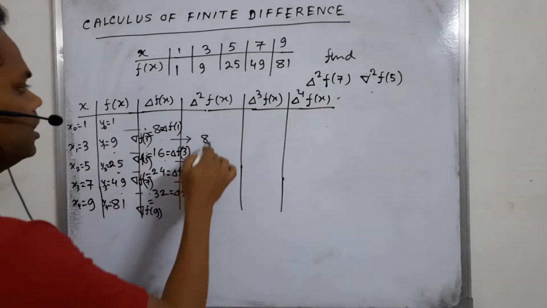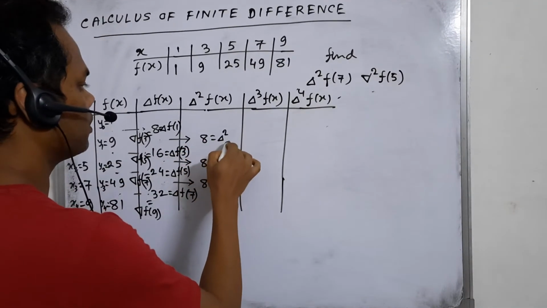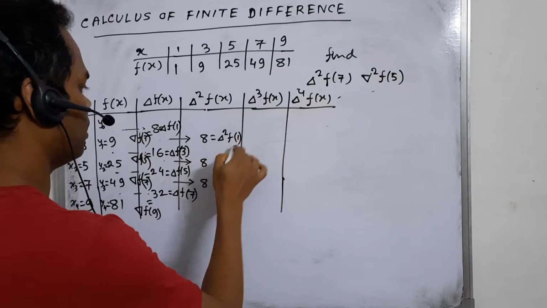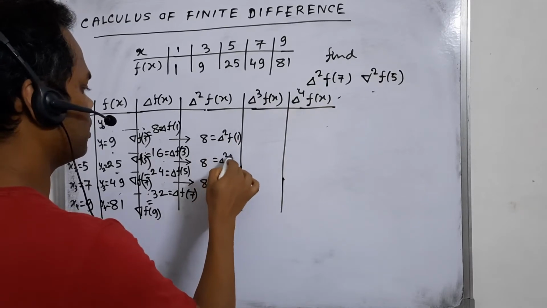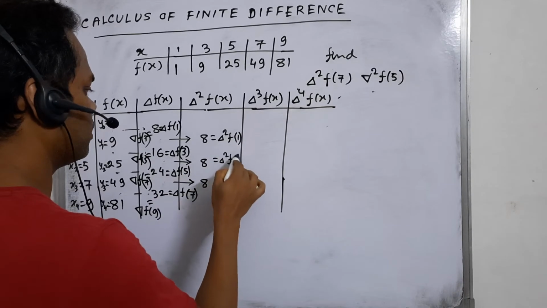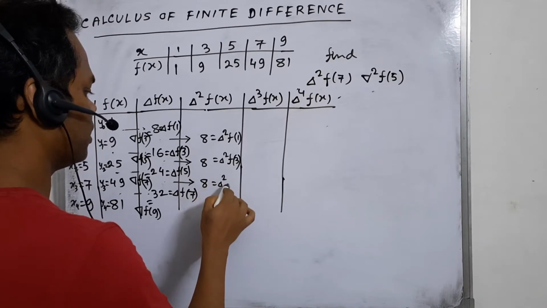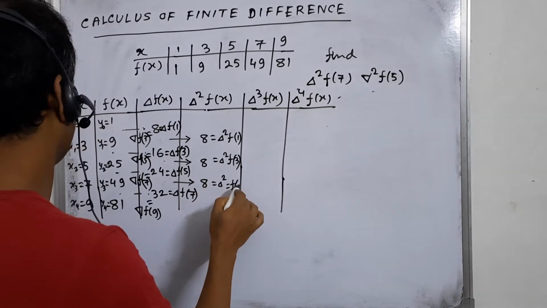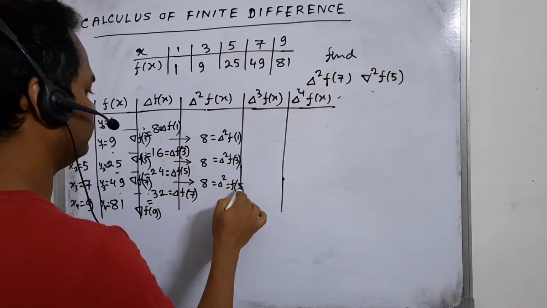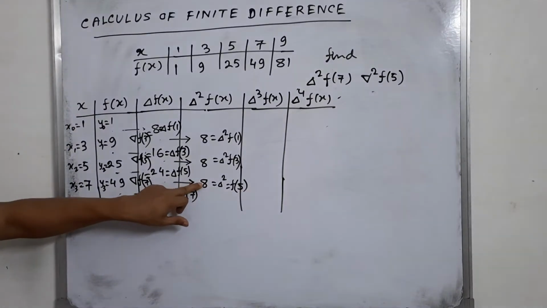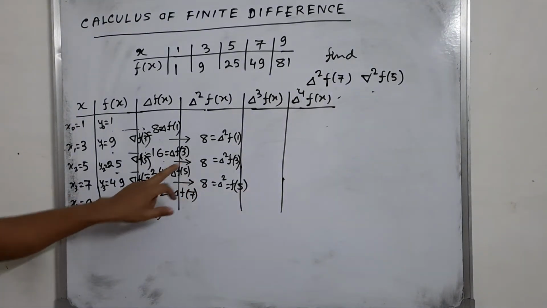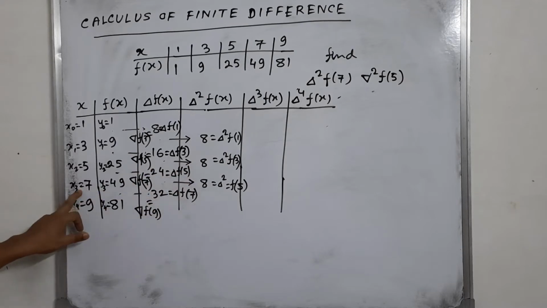And this one is delta square f1. This one is delta square f3. This one is delta square f5. And this one is nabla square f9. This one is nabla square f7. This one is nabla square f5.